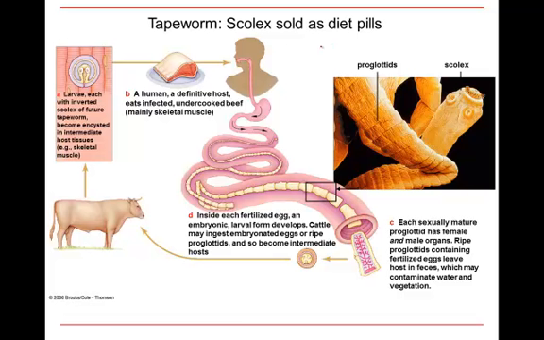Now, the way that the life cycle works is that you have to have an infected animal. This is the beef tapeworm that I'm showing here. And so you'd have a cyst inside the muscle of a cow. And then you have to eat rare beef. And once you do that, the cyst that has a scolex inside would become a tapeworm.